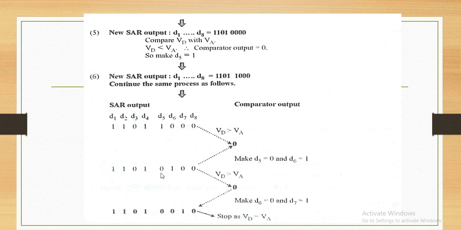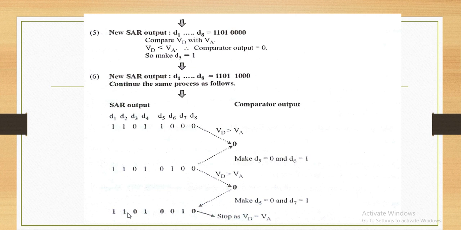So as VD is greater than VA, what we have to do is make 1 as a 0 and this 0 as a 1. Similarly, again if VD is greater than VA, we make D6 a 0 and D7 a 1.